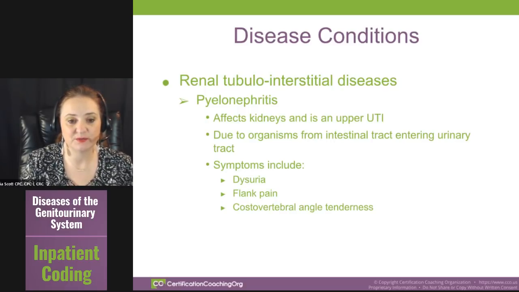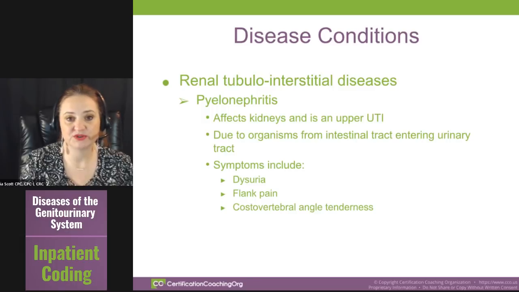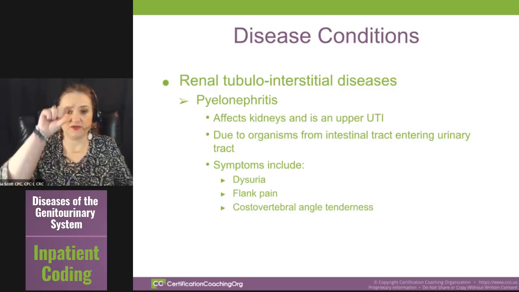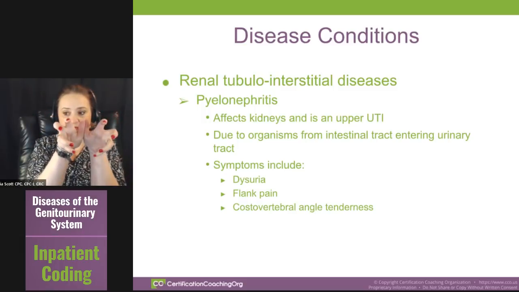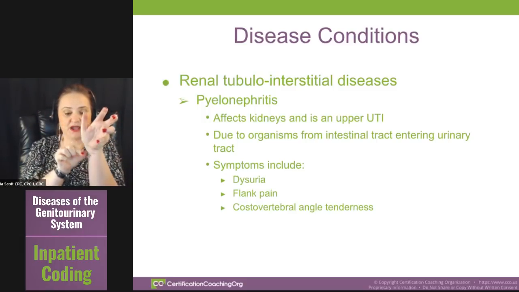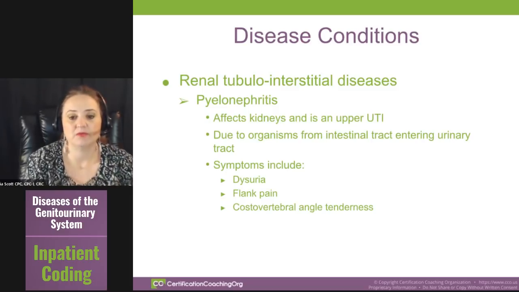Symptoms, of course, are going to be dysuria, flank pain, and costovertebral angle tenderness, which is, costo is the ribs, vertebra is the spine, and so between the spine and the rib cage, called angle tenderness. So your rib cage comes down, it's connected to the spine, it comes down like this, and so the spine is here and the ribs stop here, but that pain will be right there, at that apex of where they meet.